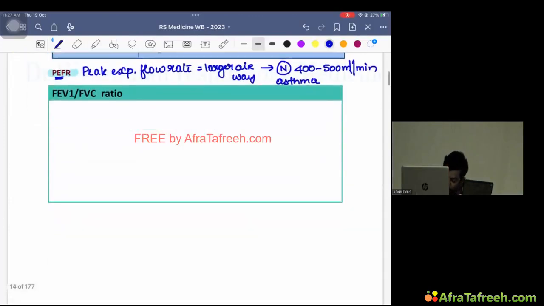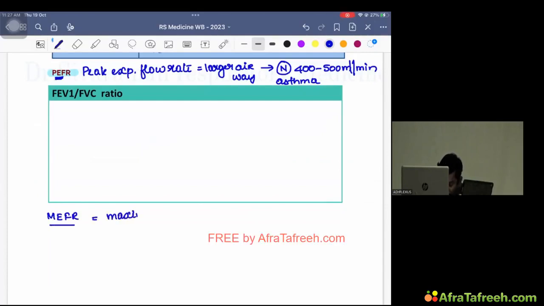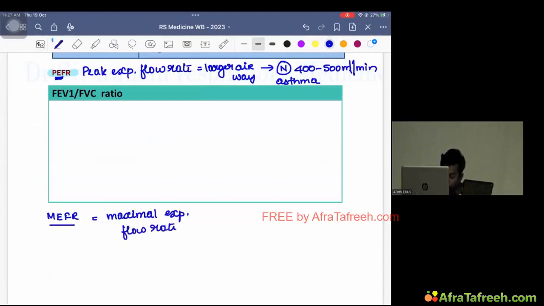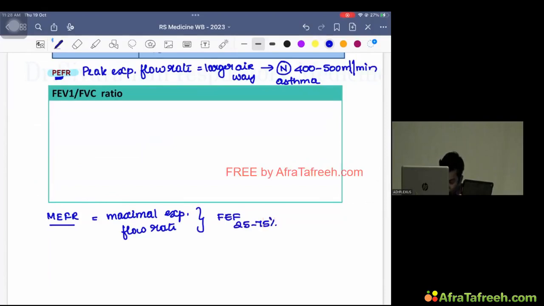Next we have another one called MEFR, the maximal expiratory flow rate. What they mean is the forced expiratory flow rate between 25 to 75%.